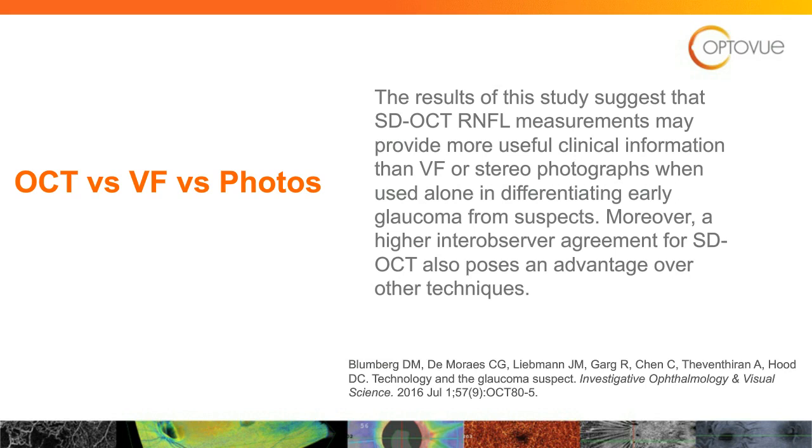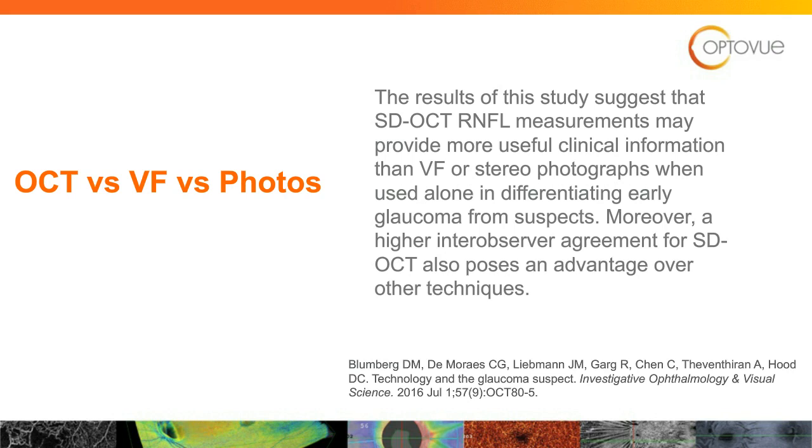They looked at visual fields, stereo photographs, and OCT, and tried to find which was the best at differentiating early glaucoma, and they found in this particular study that it was an OCT instrument. So that really tells you how far we've come.